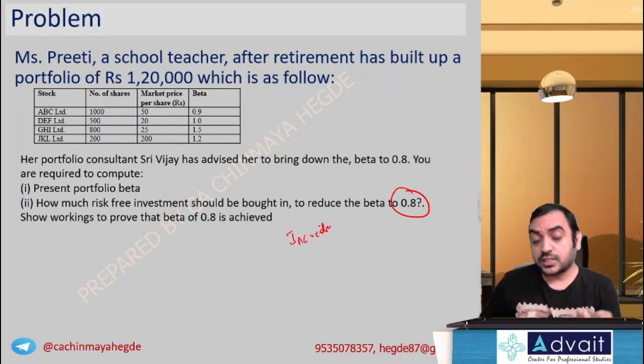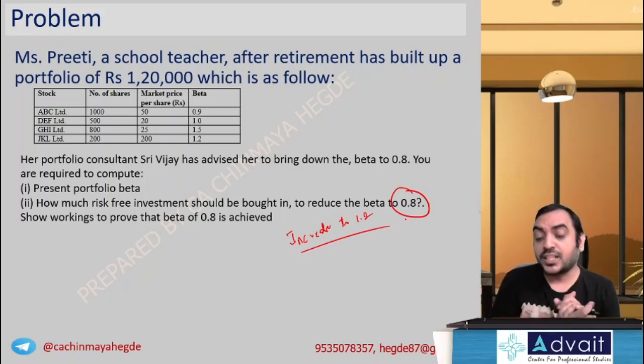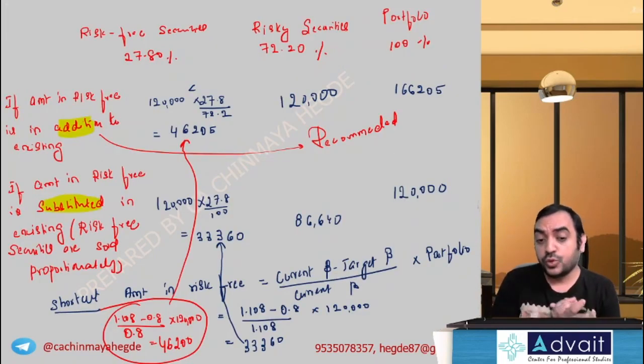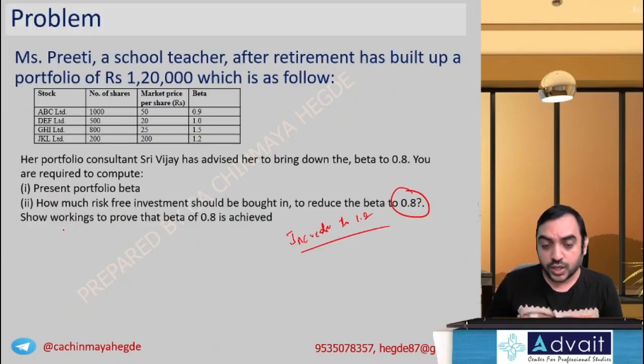Just like you can reduce the risk, you can increase the risk also. Increase it to, let's say, 1.2. Now in this problem, if they ask 1.2, you have to increase it. Let's not recalculate everything. Let's use the shortcut I told you.